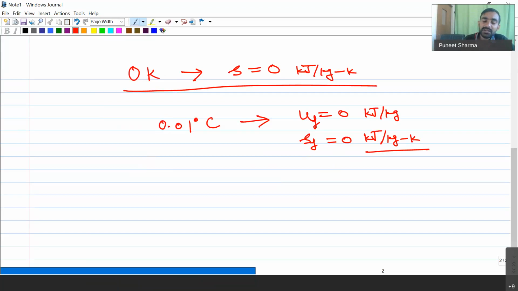Relative to a single reference point, we measure each property, and we are only interested in the change of that property. However, in defining the steam table, we have a fixed standard reference state, and that is the triple point of water.